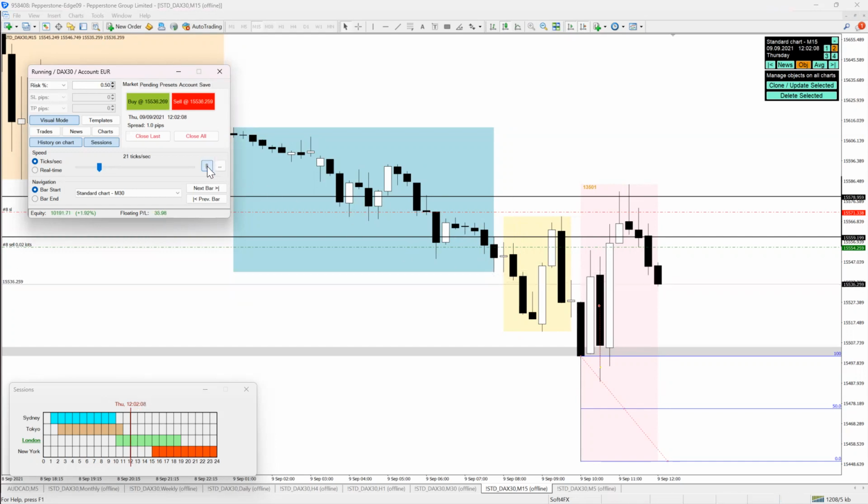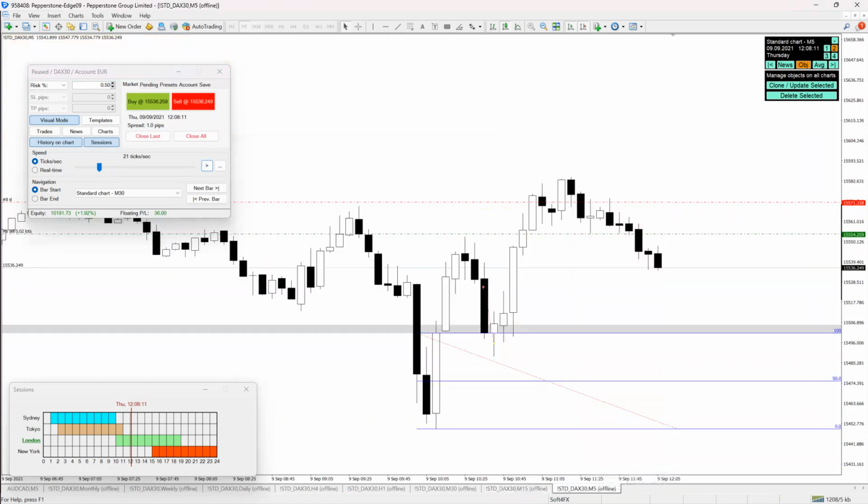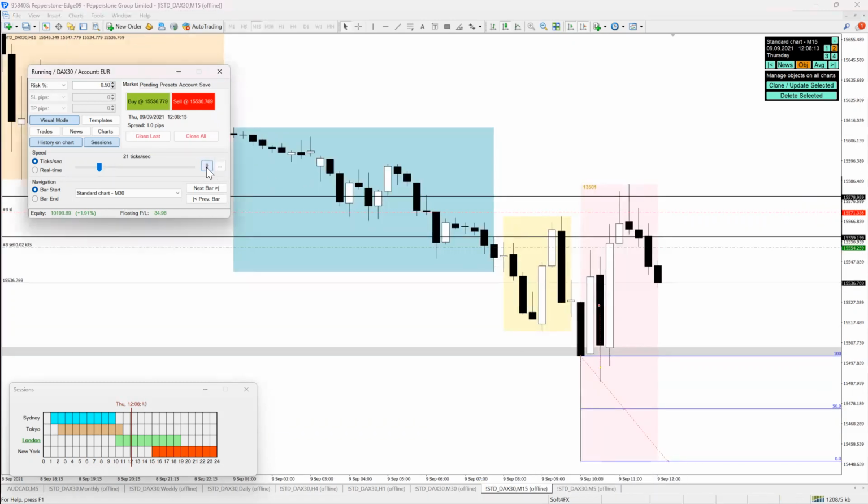Let's see if we can keep on pushing through. Really struggling at this little bit. So what are we up? Come on, keep pushing.